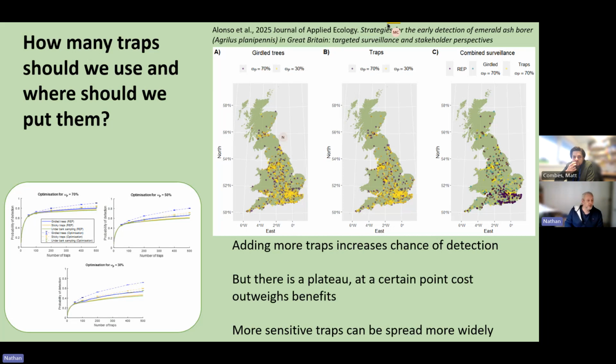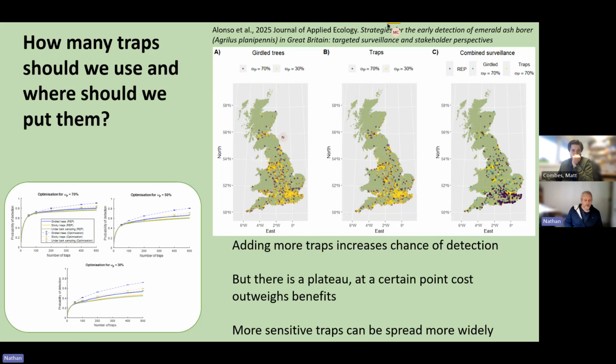As it goes along, each new trap you add, you get a little bit more likely to detect emerald ash borer. But we can see this isn't a linear relationship. So early on, adding traps really makes a big contribution. Later on, the additional benefit of each trap is smaller.